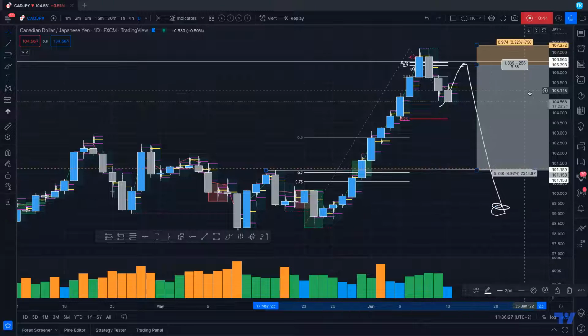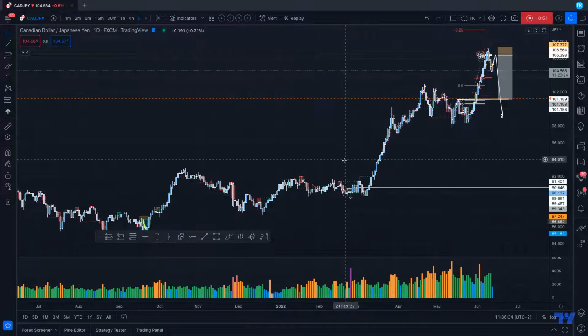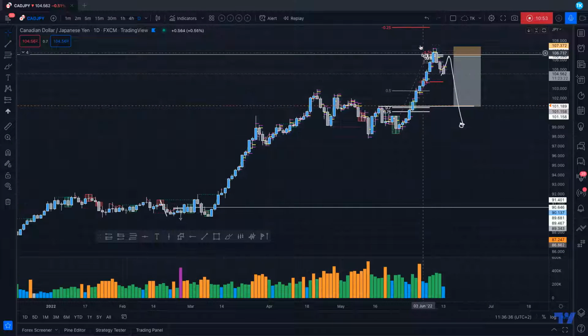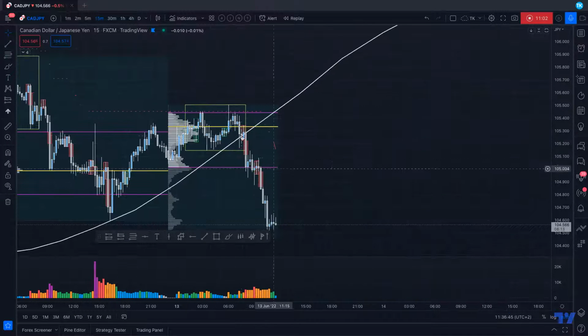Okay, so this could be a very nice 5.4 risk reward ratio trade. And obviously you can adapt this short on intraday and take all the retracement.